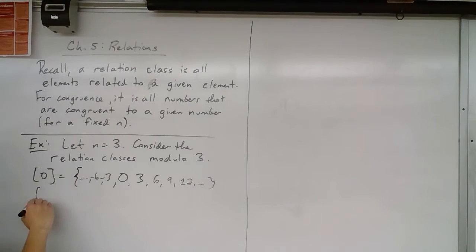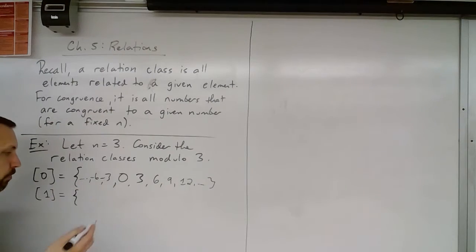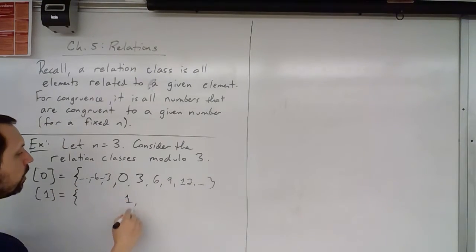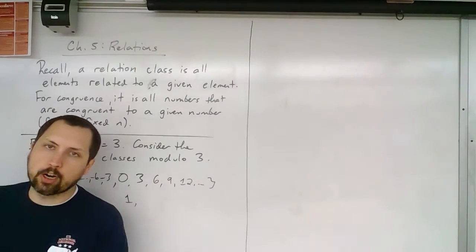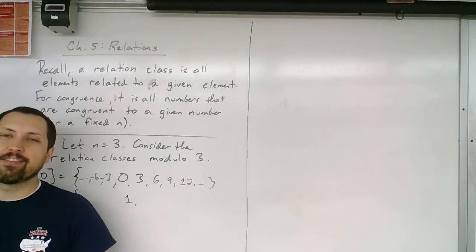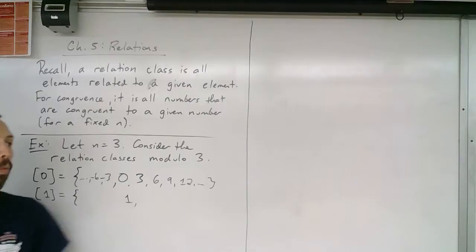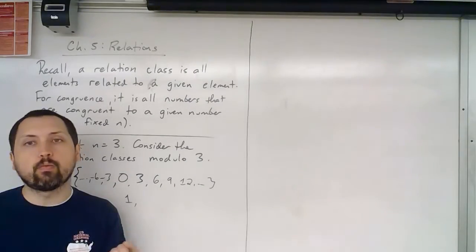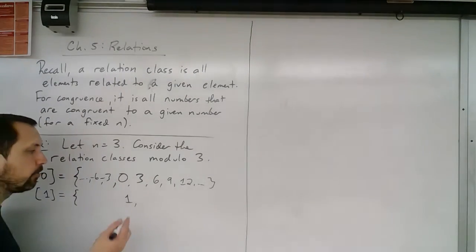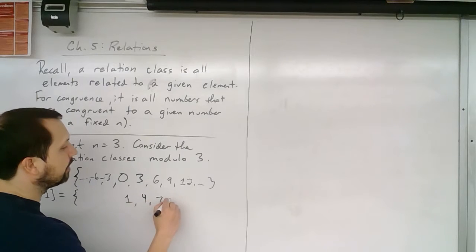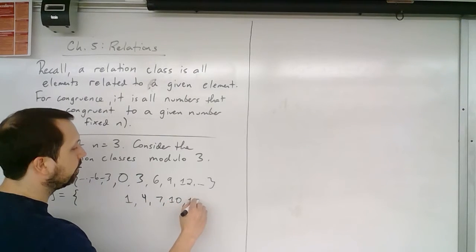Okay, if we move on then to the relation class of 1. Since this relation is reflexive, 1 appears there. Now we're trying to come up with all of the other numbers that have the same remainder when we divide by 3. So 1 divided by 3 gives us a remainder of 1. The other ones that have a remainder of 1 are going to be 4, and 7, and 10, and 13, and so on.